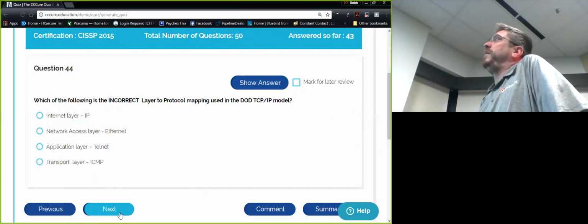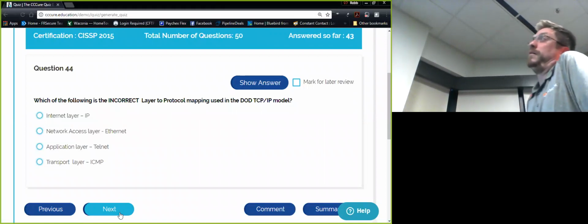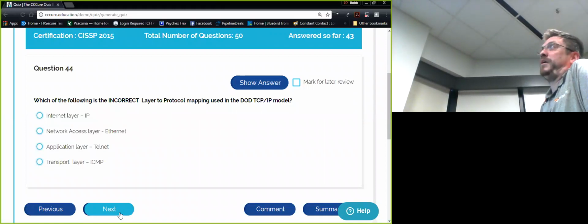Which of the following is incorrect? Layer 2 protocol mapping used in the DoD TCP/IP model. Internet layer to IP, network access to Ethernet, application layer to telnet, transport ICMP. I know the first one is right.